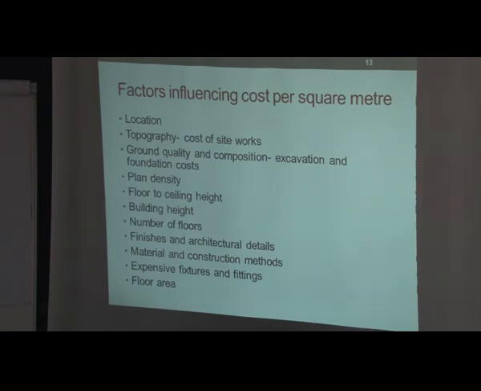There are 10, 11 of them. Very simple to remember: just visualize the building and see its location and how those factors could influence the cost per square meter of space.